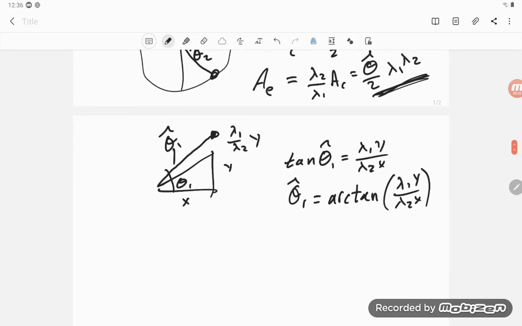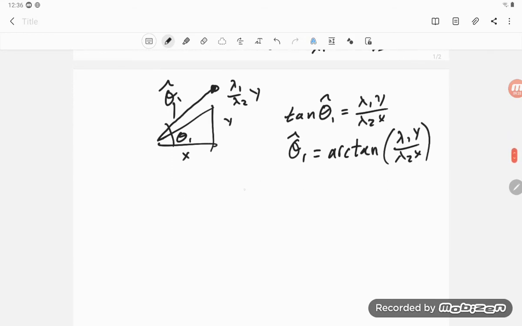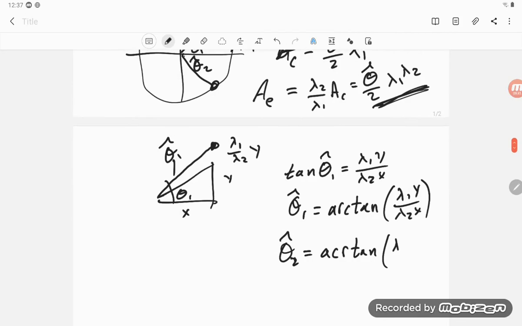So that's how I would find that, and then similarly I would do the same sort of thing with arctangent here. Oh well, I better name that.